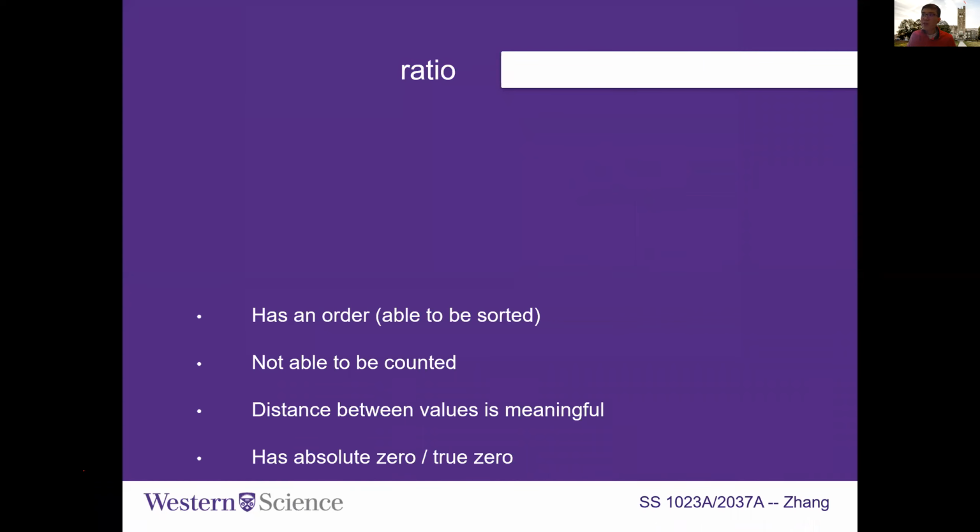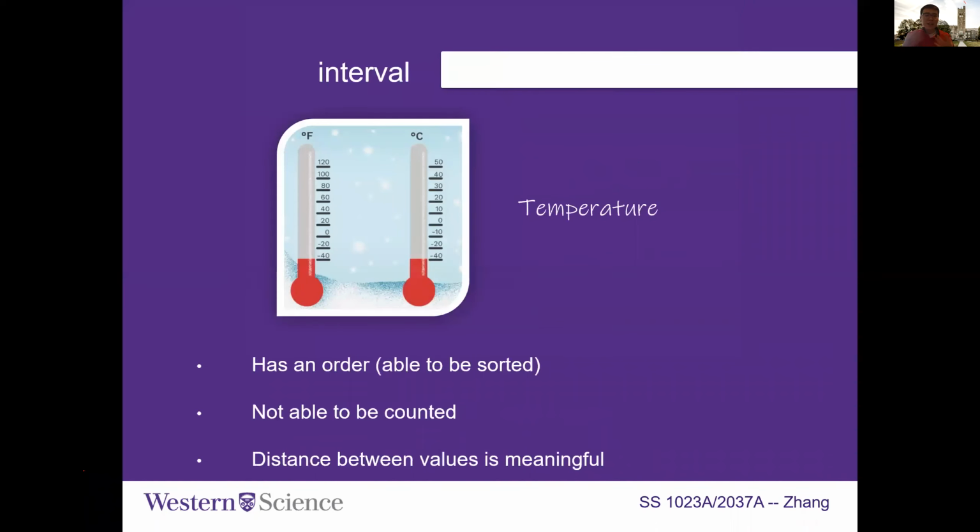For temperature, if I say it's 0 degrees, then you might ask, do you mean the Celsius measure or the F measure? There's no exact answer for that, and there could be different ways to define your zero. So in that case, we would say that there is no true zero, because every number could be zero if you just define it that way. Does that make sense to you?